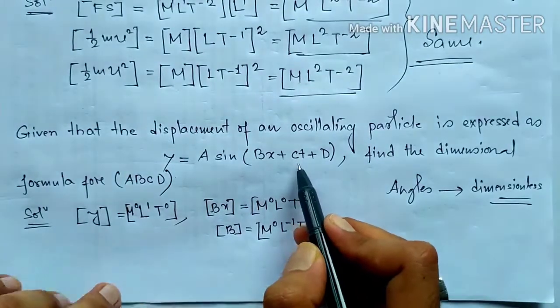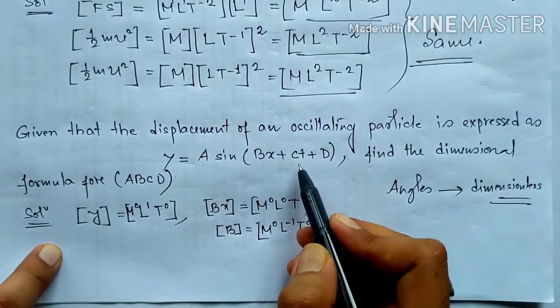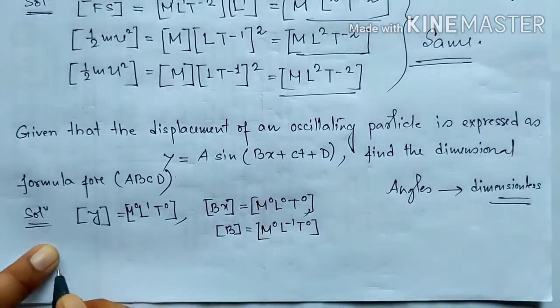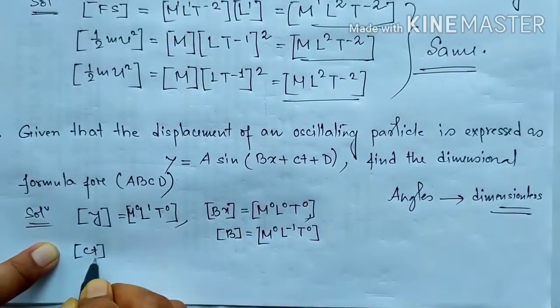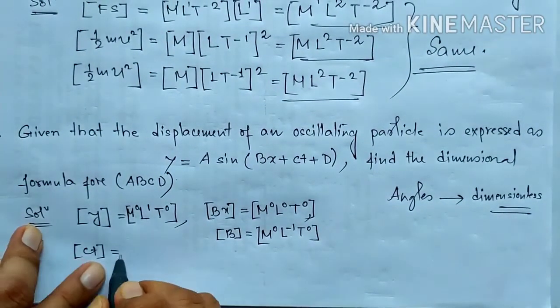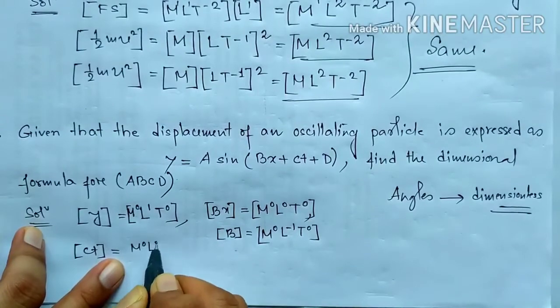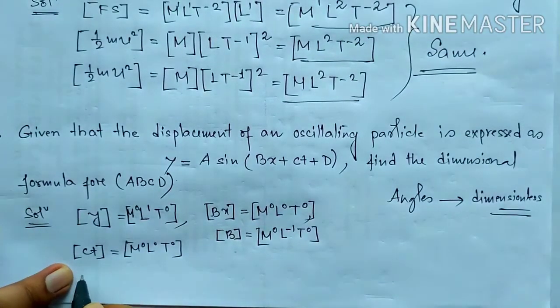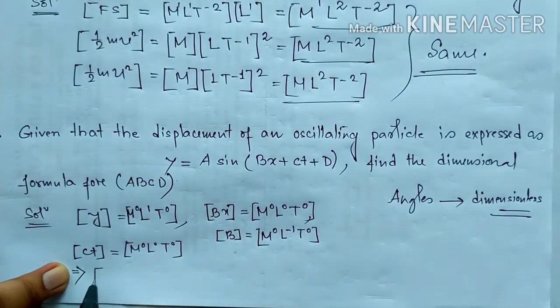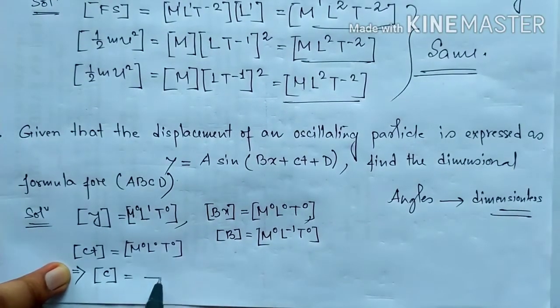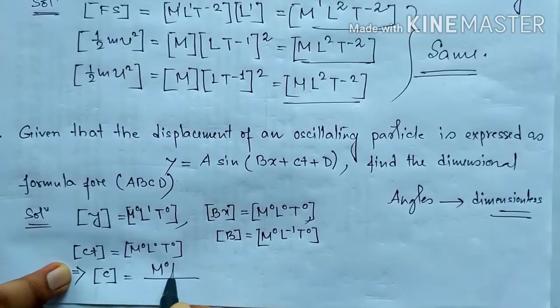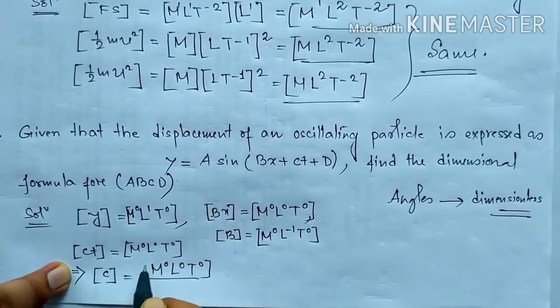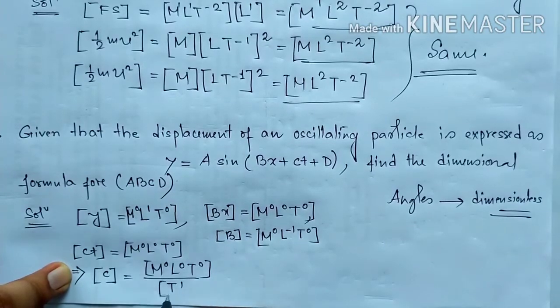What will be the dimension of ct as a whole? ct as a whole will be dimensionless, so the dimension of ct will be M to the power 0, L to the power 0, T to the power 0. So what will be the dimension of c? This will be M to the power 0, L to the power 0, T to the power 0 divided by the dimension of t, which is T to the power 1.